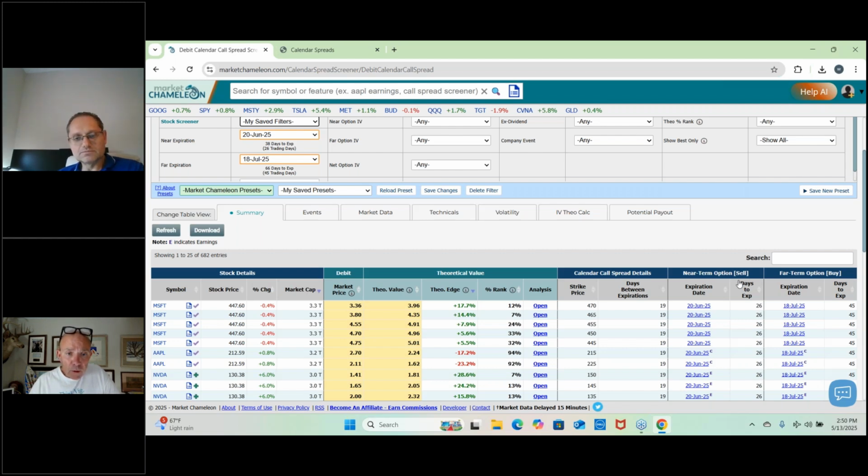Next one is, are volume histograms available? I'm not sure what a volume histogram would be. We do have different charts that break down volume, but that's kind of outside the scope of the calendar spread.